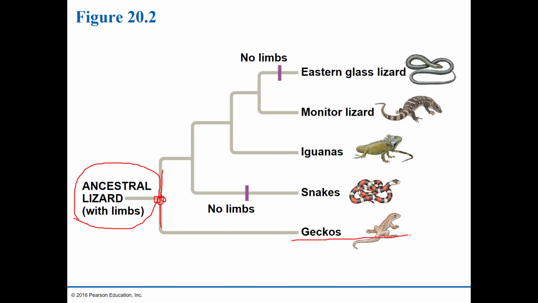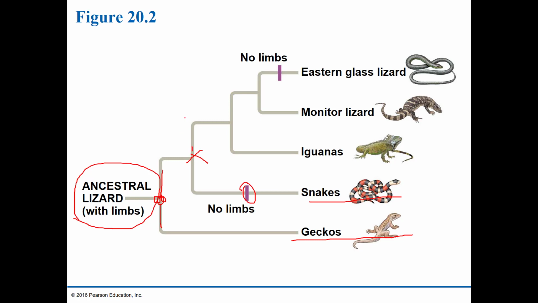So geckos branched off and really haven't changed very much, which lets us know that, at least on this tree, they're maybe a little bit more ancestral. They contain some of the more ancestral traits that their original ancestor had. Right here, we can see that there was a common ancestor here as well that produced those that had no limbs, which were snakes, and then snakes have kind of stayed the same.